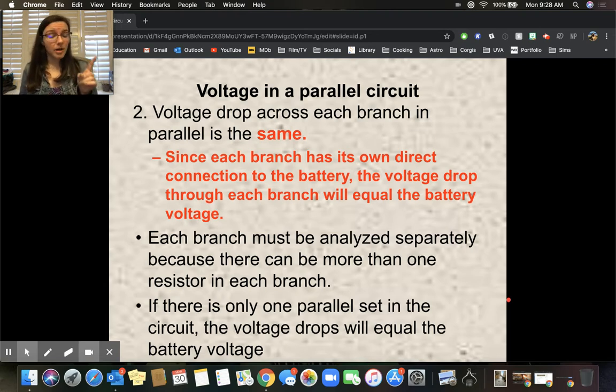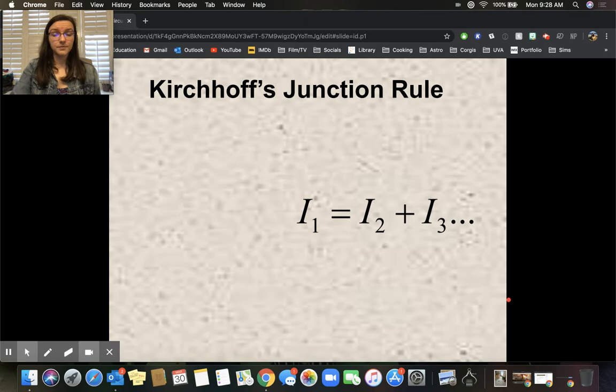If there is only one parallel set in the circuit, then the voltage drop will equal the battery voltage. If it's just a single loop with just a single light bulb, then the voltage drop across the light bulb will be equal to the battery voltage. But for each branch of a parallel circuit, each separate line that you can take, the voltage drop will be the same as the battery voltage.